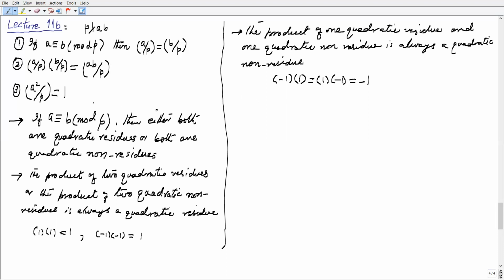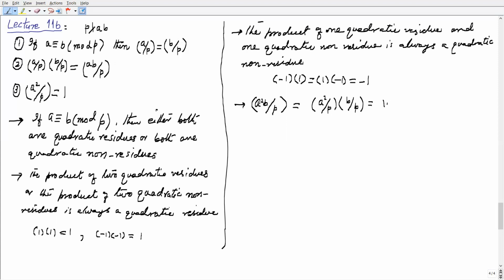According to the third, the square of any integer is always a quadratic residue. So for example, if we have a square times b, and we need to find the quadratic residue, we can combine 2 and 3. By 2 we can write the Legendre symbol of a square times the Legendre symbol of b, and according to the third, the Legendre symbol of a square is 1.